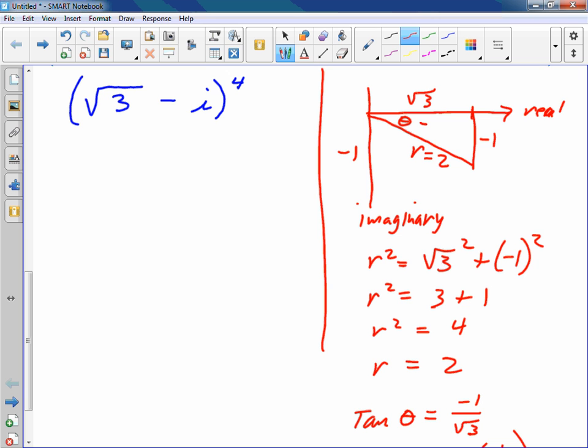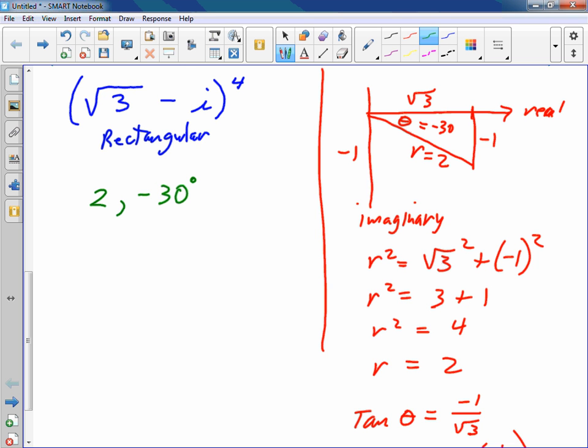So our rectangular coordinates are the square root of 3 minus 1i. And our polar coordinates then would be r, which is 2, and theta, which is negative 30 degrees.